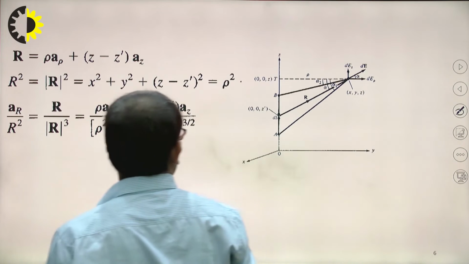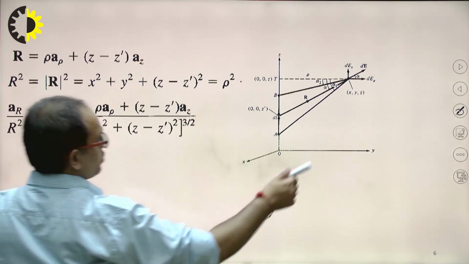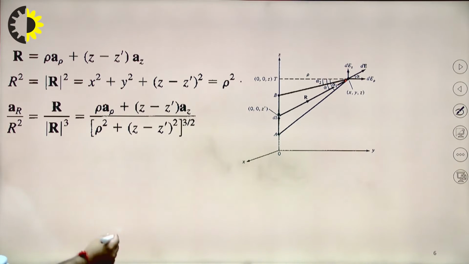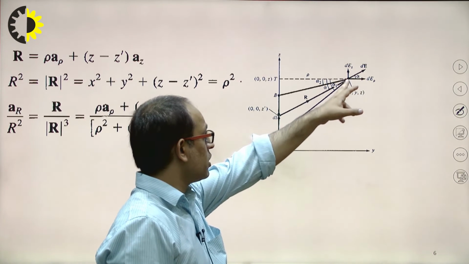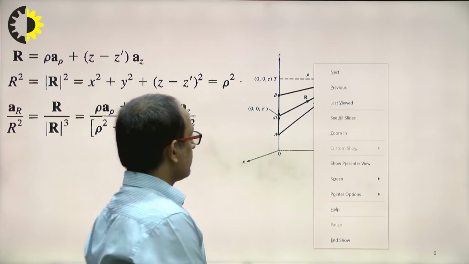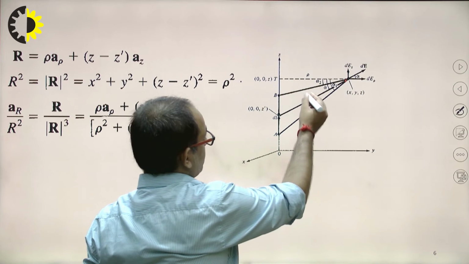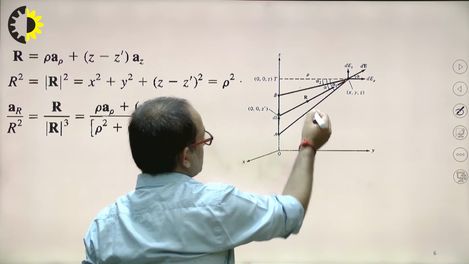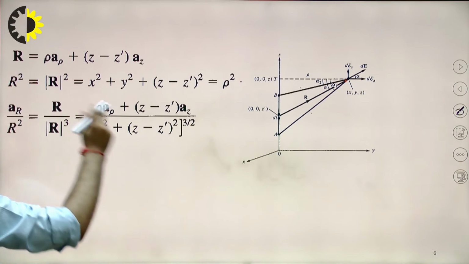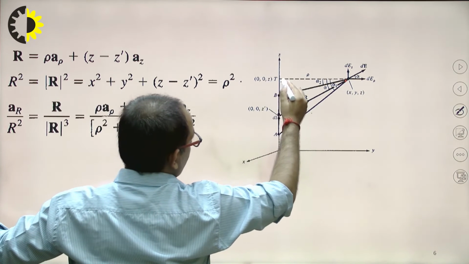Now see, I want to calculate the electric field at this point. Clear? For finding the electric field, I just want to have the value of r, this distance and this distance and this r.